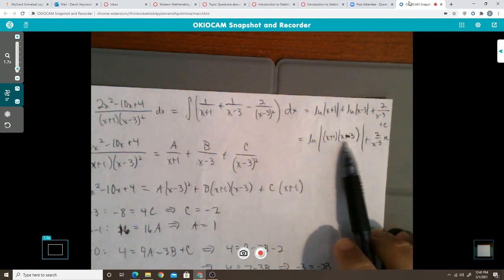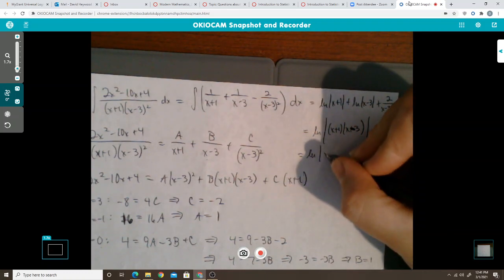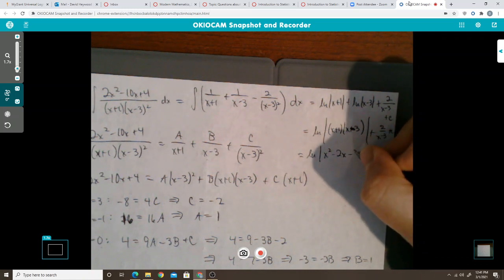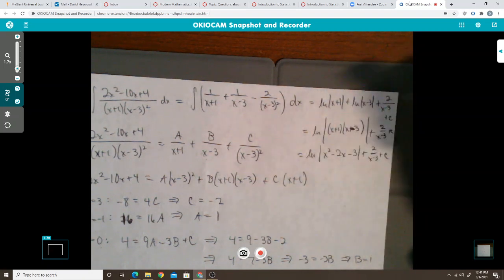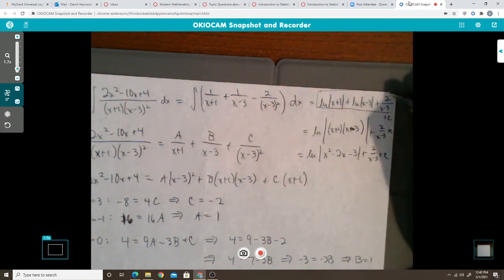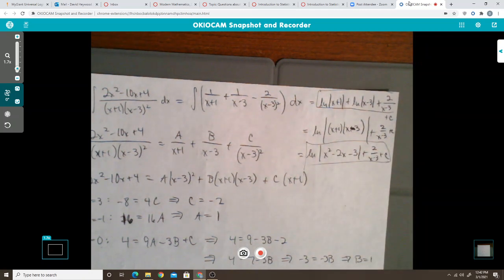And then your book might even multiply this out, right? So it might say this is x squared minus 3x plus x is minus 2x and then minus 3, right? So it might do something crazy like that even. But this is still a correct answer, you know what I mean? This is just a slightly different version of the same thing.